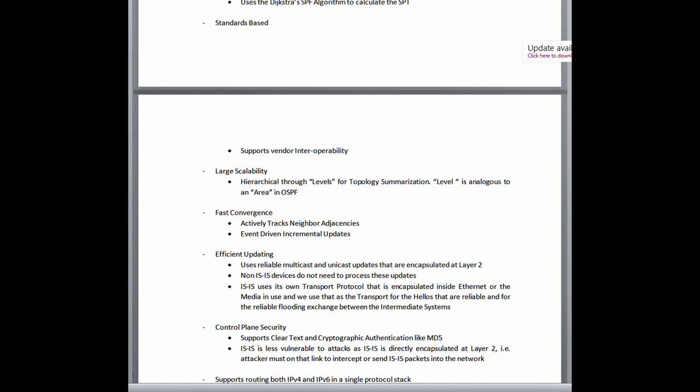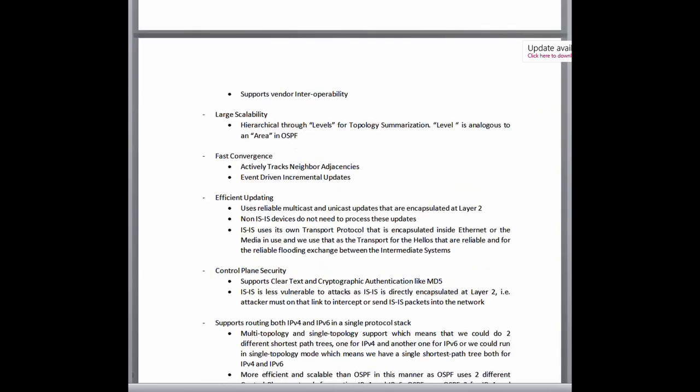And as ISIS uses its own data link header, or as it's encapsulated directly at layer 2, it is much less vulnerable to attacks. A man-in-the-middle attack is only possible if the attacker is on that link to intercept or send ISIS packets into the network.